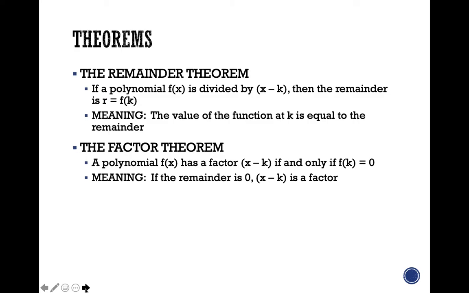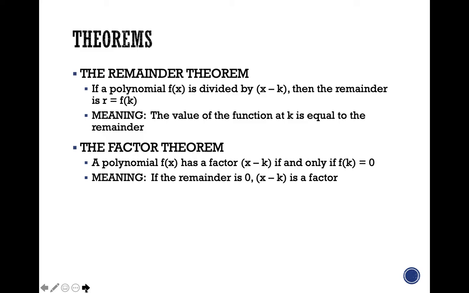So if the remainder is 0, that means that x minus k is a factor. Yesterday I mentioned how we will use synthetic division to help us factor, and it's this theorem that helps us do that. We're going to take a look at that today through an example problem as well.